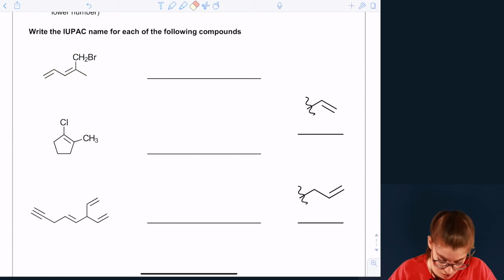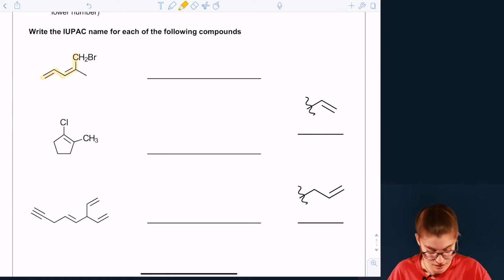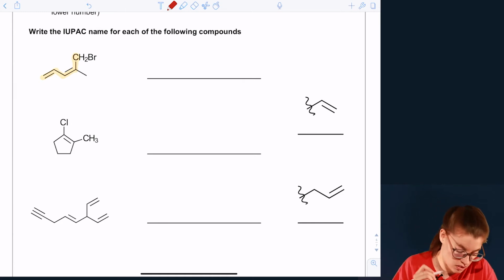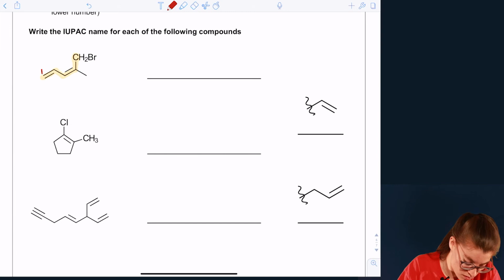So our parent is going to be that, including that carbon on top. Now how are we going to number it? Well, remember, the double bond has highest priority here, so we want to number it with the lowest possible numbers for the double bond. So this will be 1, 2, 3, 4, 5.